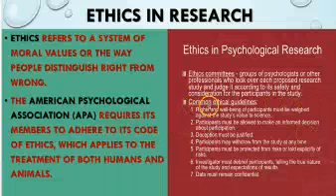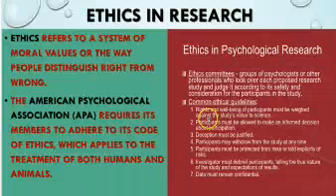Here are common ethical guidelines that researchers must follow. They must protect the rights and well being of participants and weigh this against the study's value to science. The participants must be allowed to make an informed decision about whether they want to participate or not. Deception must be justified. Deception means that you do not reveal the true nature of the research and what the study is all about.